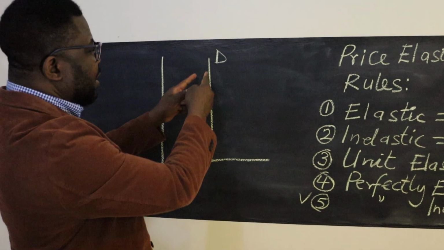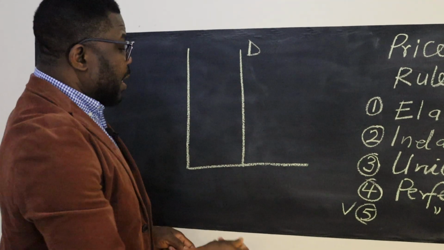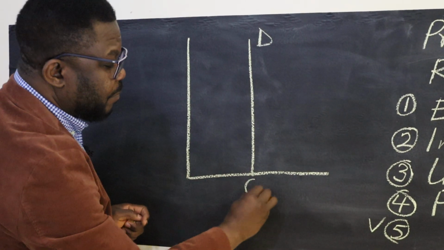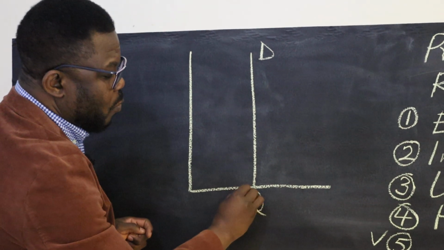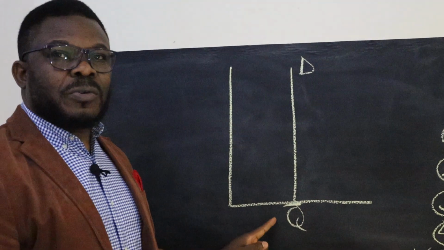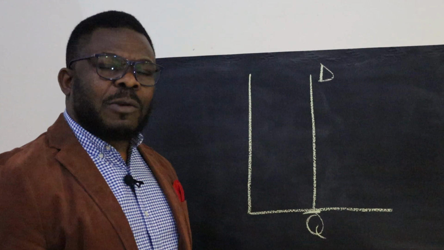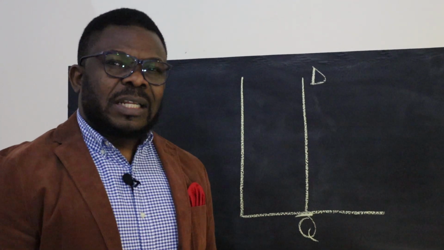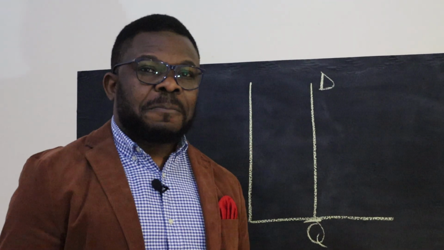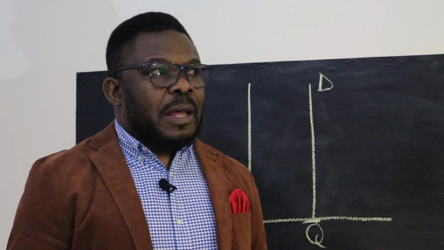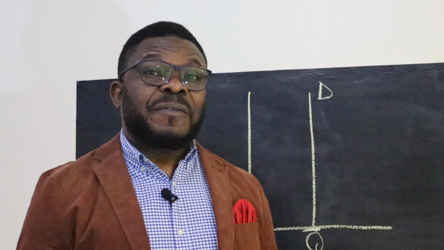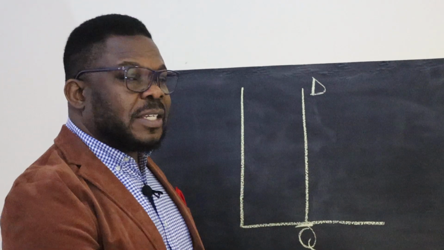In other words, you can see that this line is a very straight line, and although price is changing all the time, quantity remains the same. Quantity doesn't change. And what type of goods do we put under this? Well, it's hard also to find examples, but you can think about very close examples. Something like a life-saving medicine. A life-saving medicine like insulin for diabetic patients falls under this category.